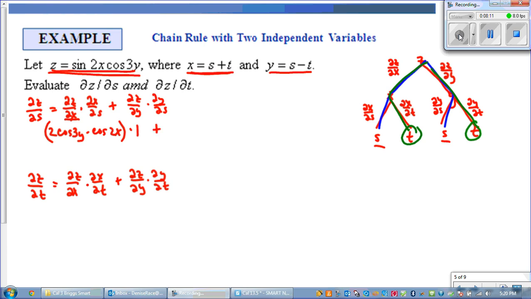The partial of z with respect to y: sine of 2x will be a constant. The derivative of cosine of 3y will be negative sine of 3y times 3. And now the partial of y with respect to s will be just 1.